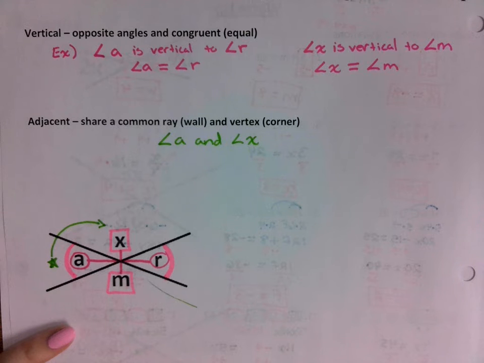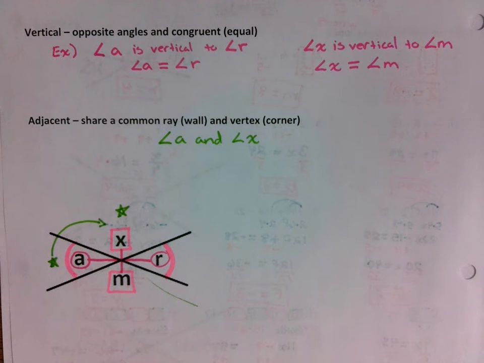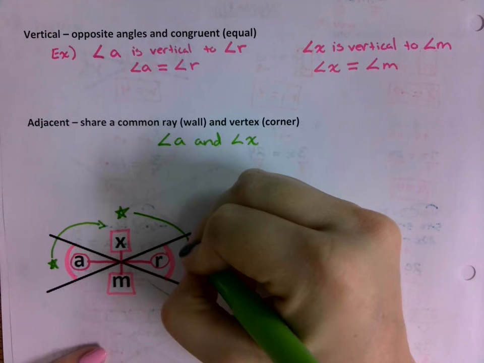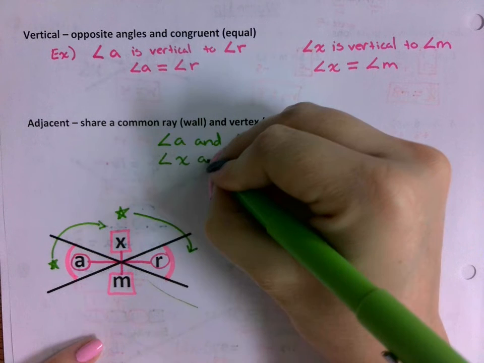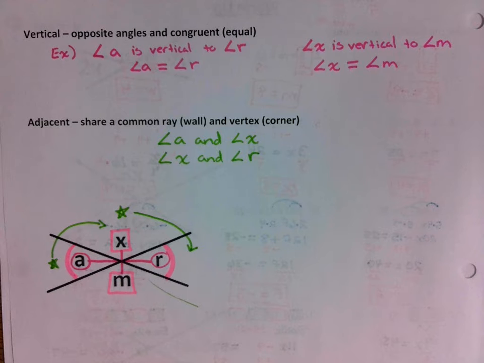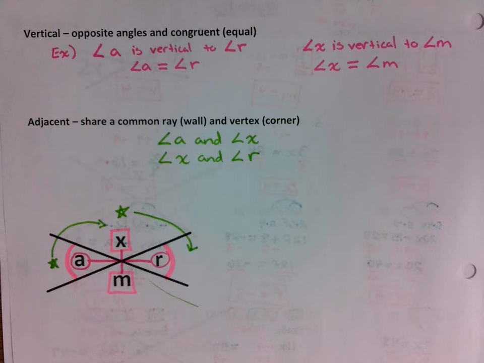But angle X has another neighbor. Who's its other neighbor? R. Next door, directly next door, is angle R. So angle X and angle R, they are also neighbors. Is A neighbor with R? No, because it's a vertical relationship. If it's vertical, it can't be next door.